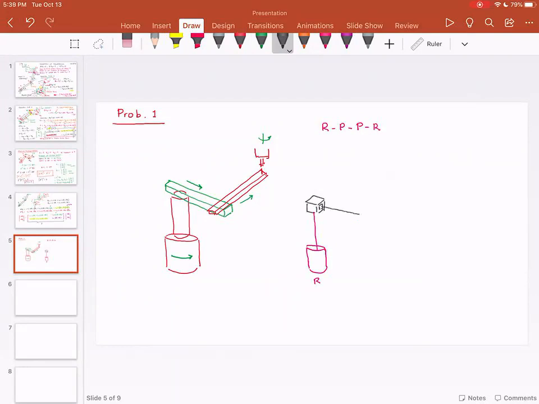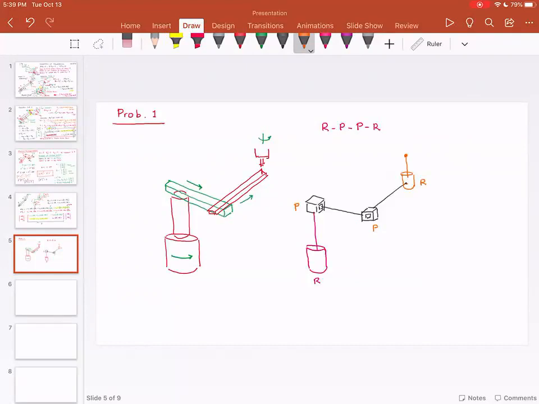This prismatic joint goes like this, and at the end of it there is another prismatic joint. And at the end of this prismatic joint, now you have a revolute joint. So you have R, P, P, and R.